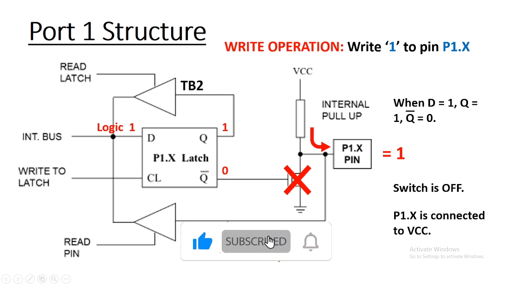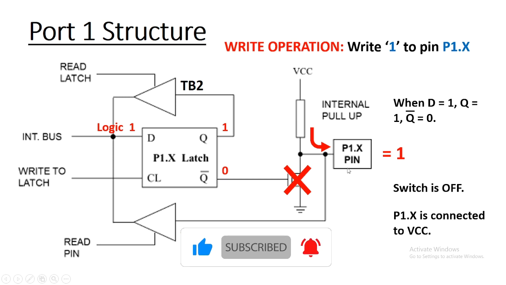Tri-state buffer 1 is used to read the data from the pin and is activated by the read pin control signal, which is internally generated by the microcontroller, whereas the output of the latch can be read using the other buffer. So the output of the latch and the data present on the pin can be accessed separately. When we write 1, it is configured as the input port.